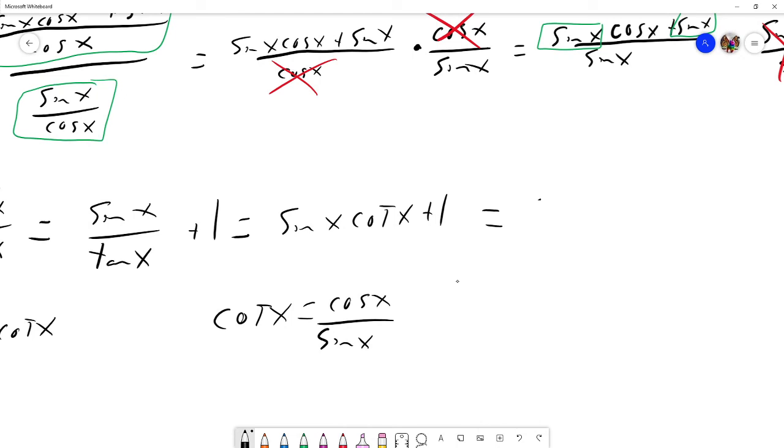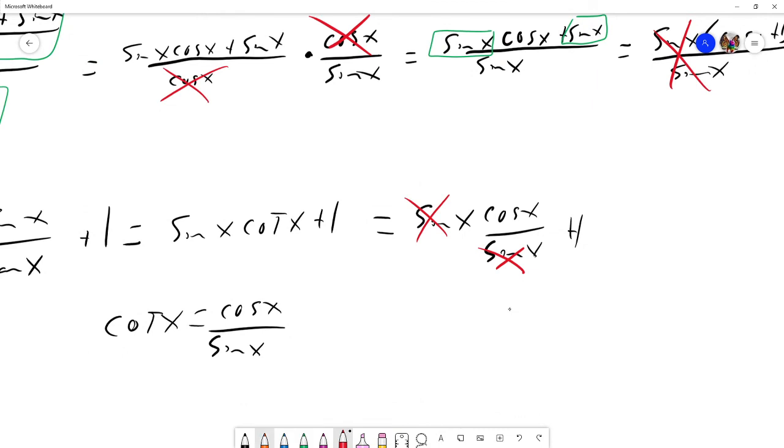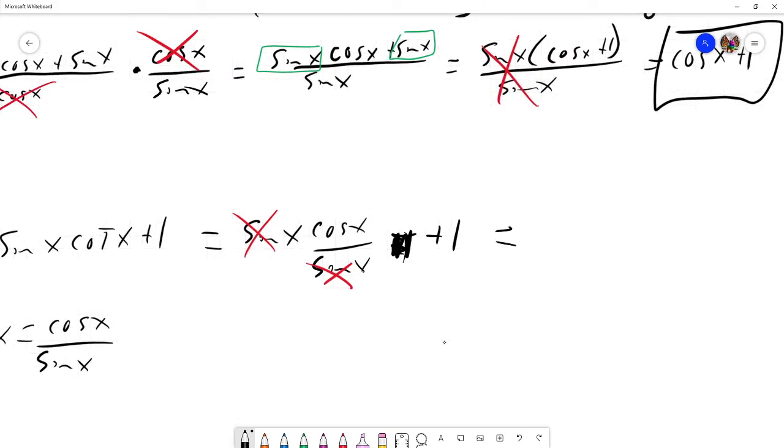So we get sine x cosine x over sine x plus 1, and we get the sines killing each other off. I notice this is sloppy handwriting, so let's scribble that out. Make it obvious it's a plus 1. Yeah, it gives us cosine x plus 1.